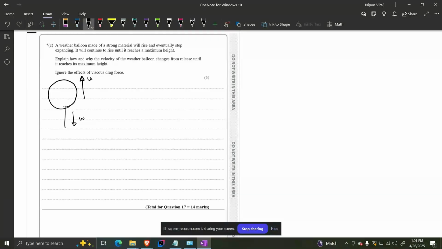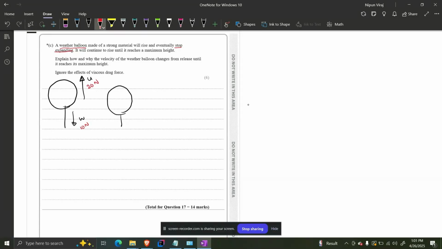get a certain acceleration. And this weather balloon is made of a material that will stop expanding. Stop expanding means simply the volume won't increase further. Now suppose this upthrust is 20, this is 10.